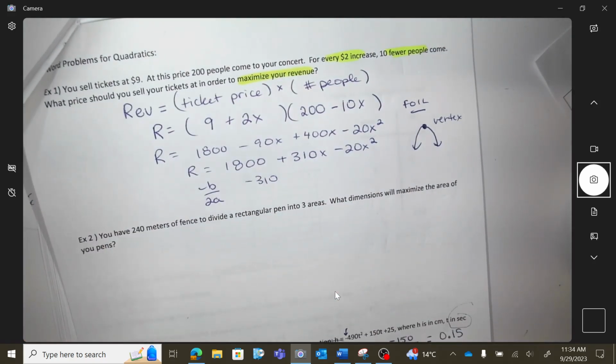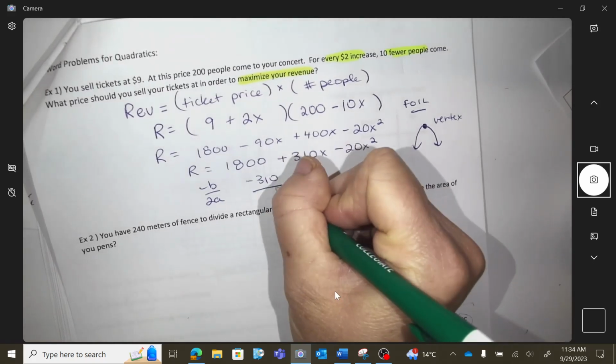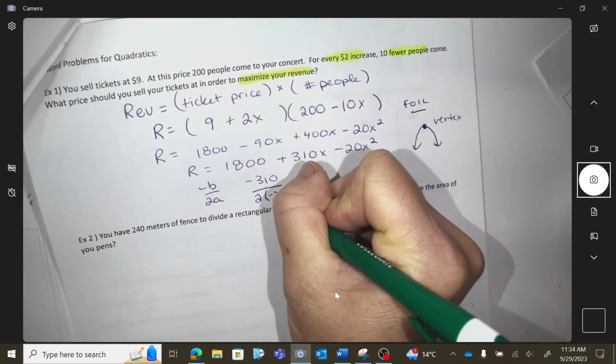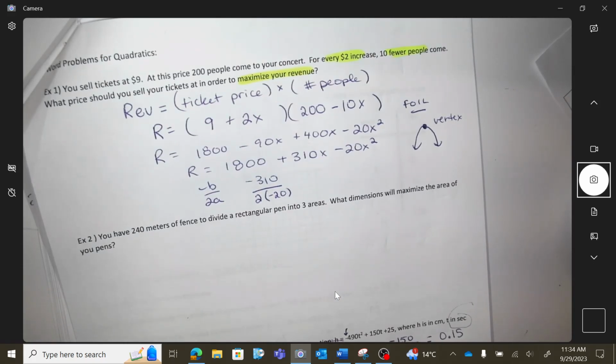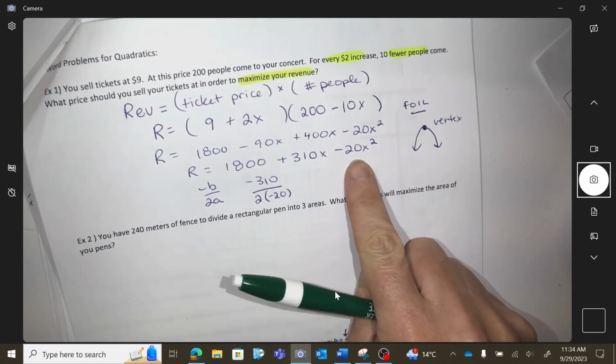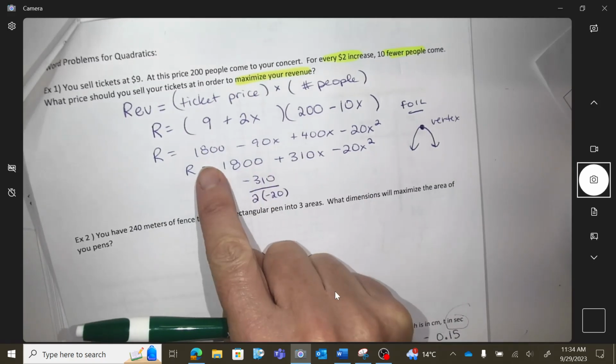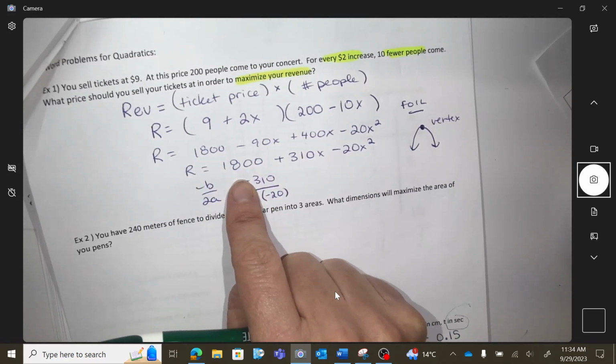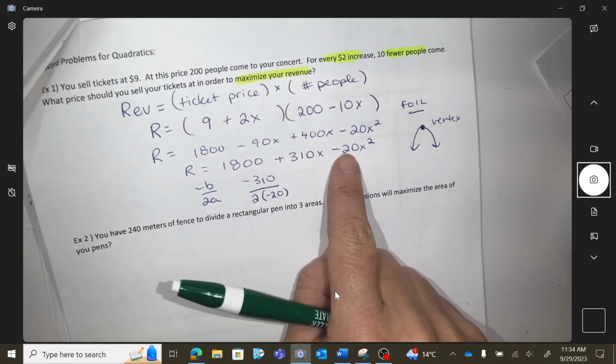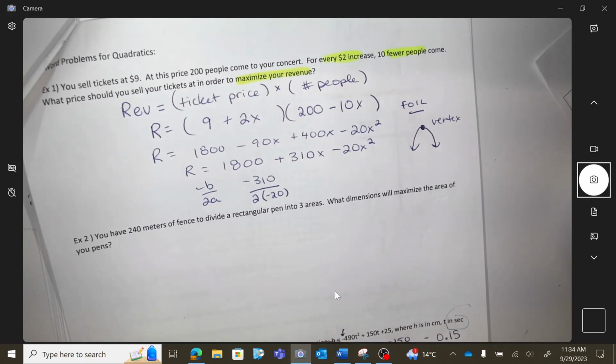So negative 310 over 2 times, is everyone identifying the a as the negative 20? 1800 is not my a. Even though I wrote it first, it's actually my c. Okay, don't be tricked with that part.